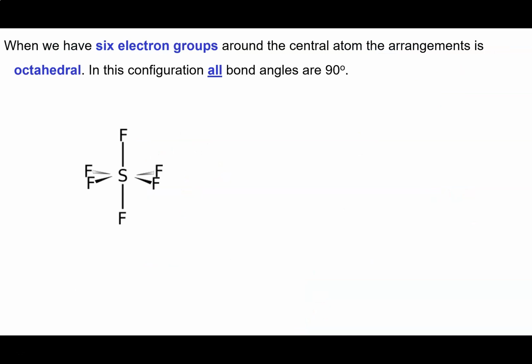Okay, we're almost there. So now we're going to look at the molecules where we have steric number equals 6, and we're going to look at what happens when you have one lone pair, when you have two lone pairs, etc. 3 lone pairs. Okay. So when you have 6 electron groups around your central atom, the electron group arrangement is called octahedral.